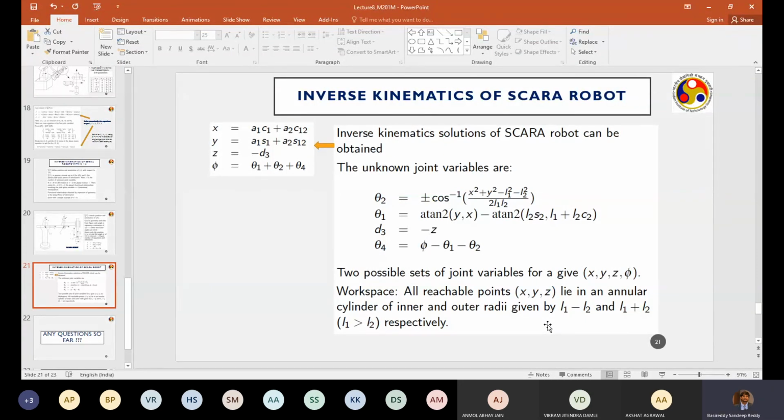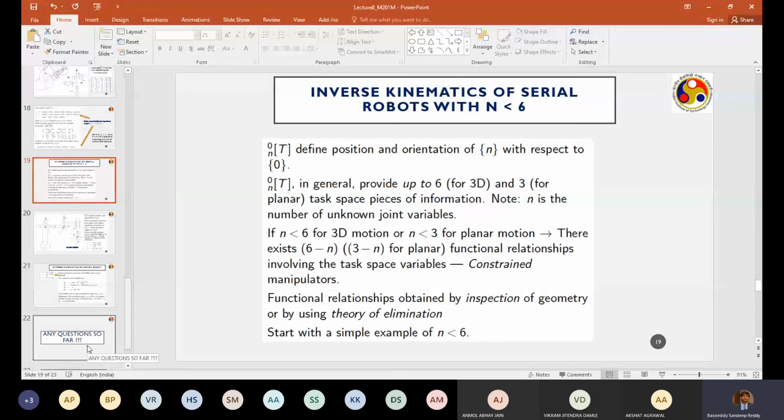In this case, all the reachable points will lie in this annular cylinder with inner and outer radii L1 minus L2 and L1 plus L2. So this was the case of n less than 6. In the next lecture, I'll explain in brief what will happen when n is greater than 6, and what kind of things you can expect.